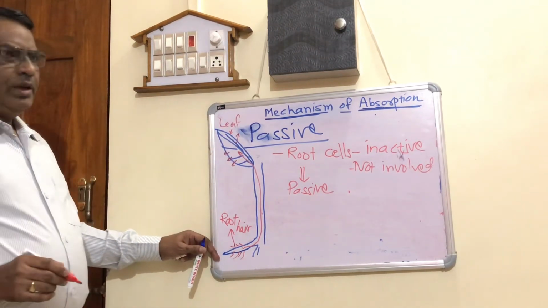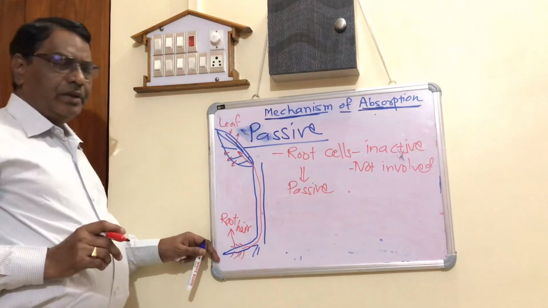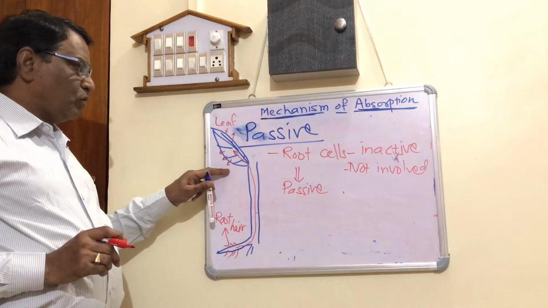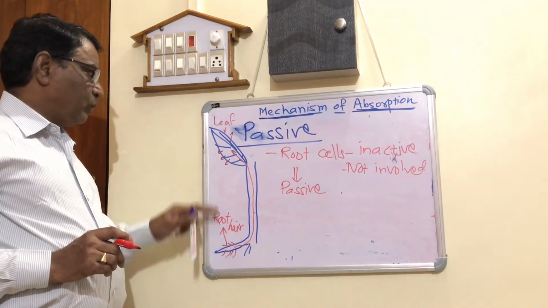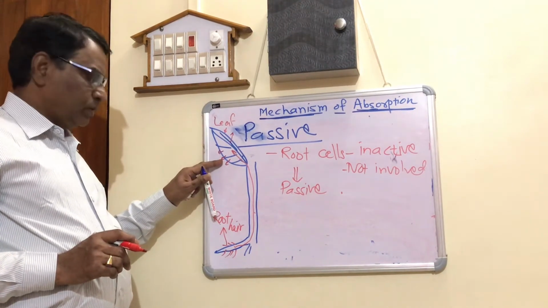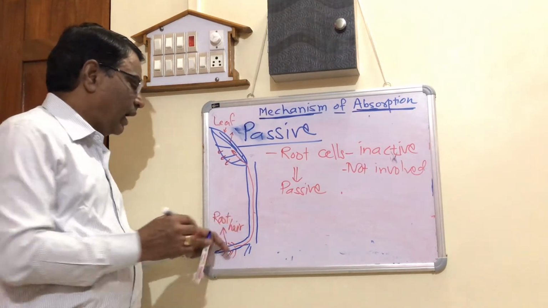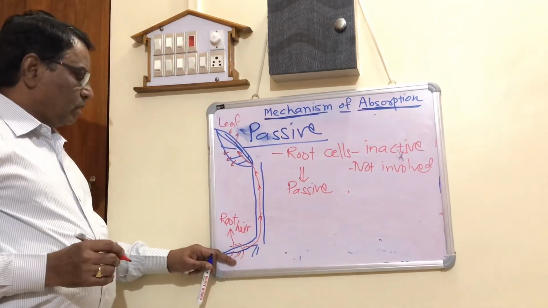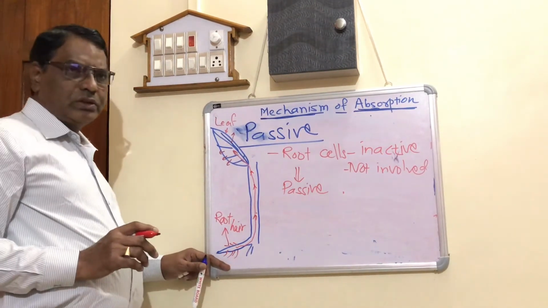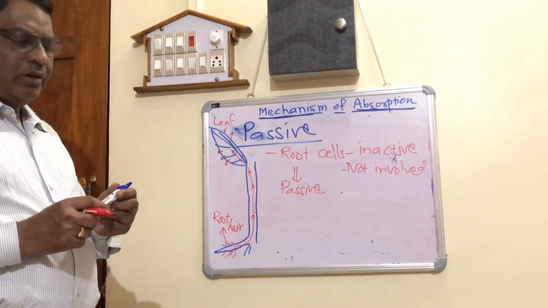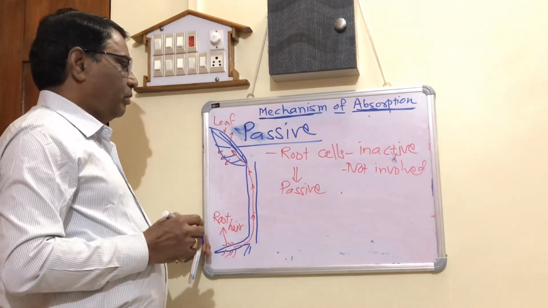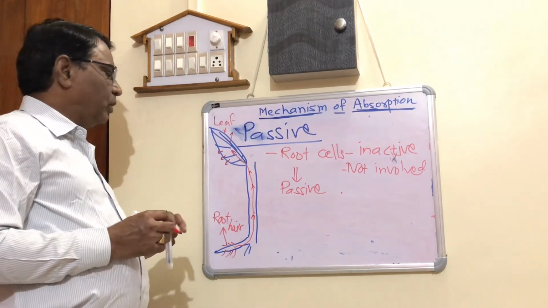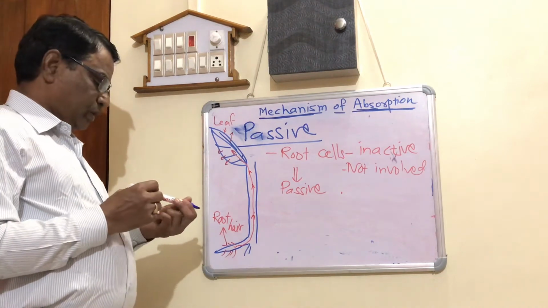So this theory holds the view that this passive absorption of water is simply due to the force that is developed in the leaf, and during this entire process of absorption of water, the root cells remain passive, or are not actively involved in this process, and therefore this is called passive absorption of water.